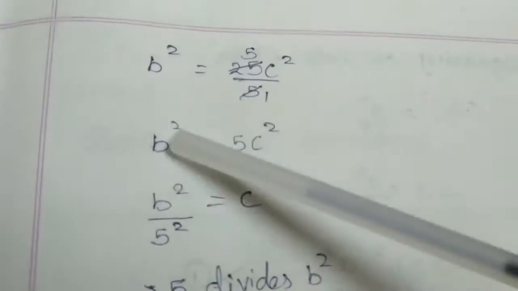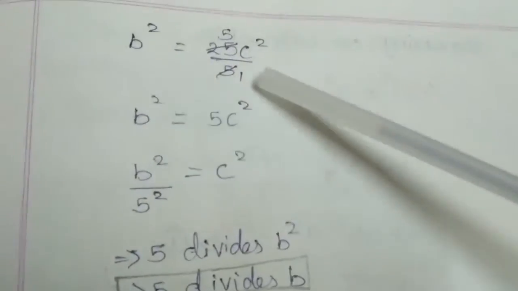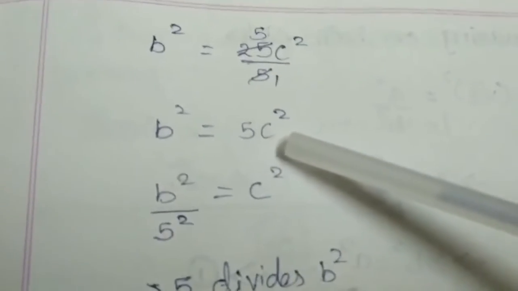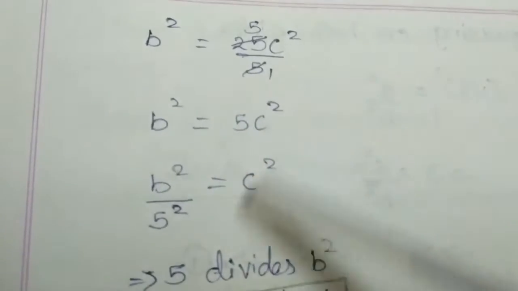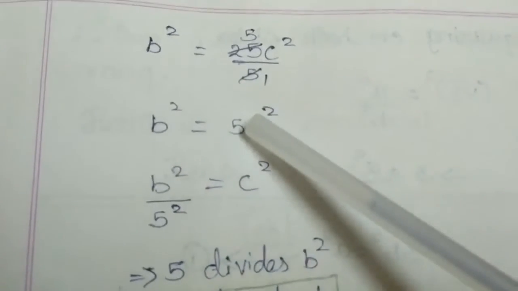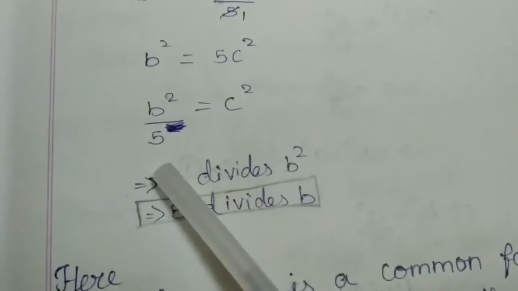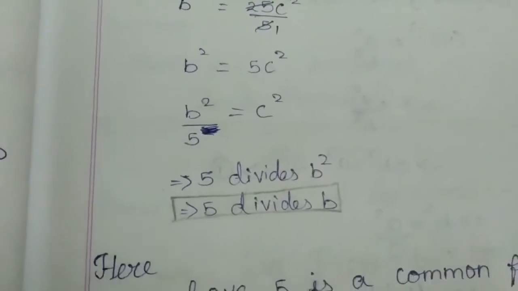b squared is equal to 25c squared divided by 5, since the 5 multiplying comes to this side as division. So 5 fives are 25, and b squared is equal to 5c squared. So 5 divides b squared, then 5 divides b by the theorem.